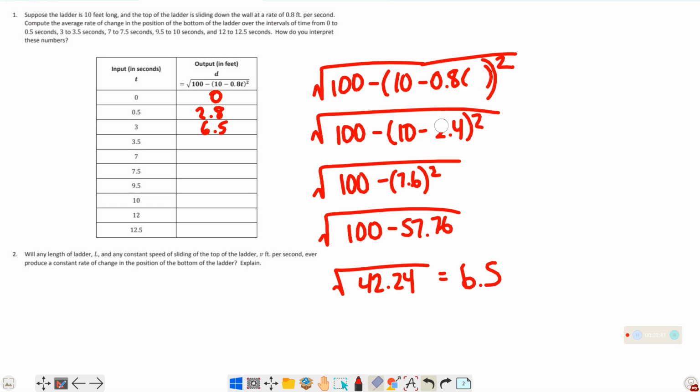Now we're replacing the 3 with 3.5. 0.8 times 3.5 is 2.8. 2.8 taken away from 10, so 10 minus 2.8 is 7.2. 7.2 squared is 51.84. 100 minus 51.84 is 48.16.